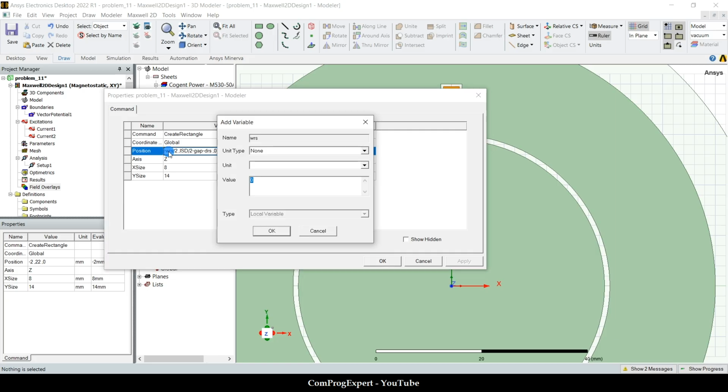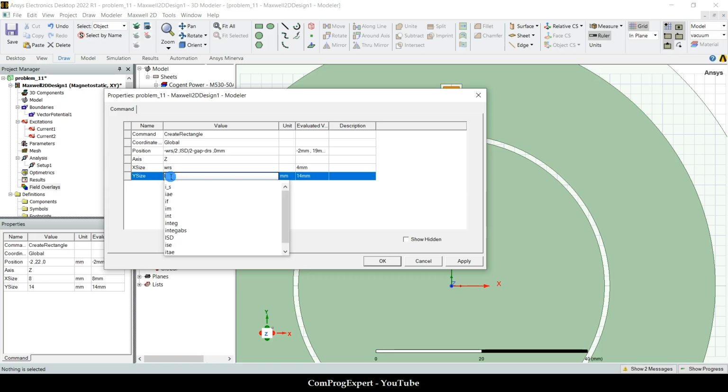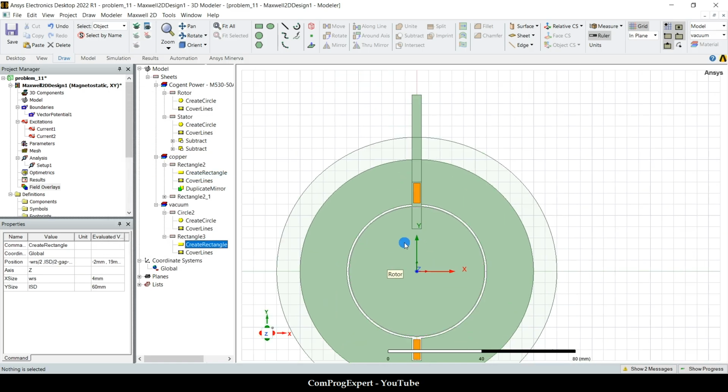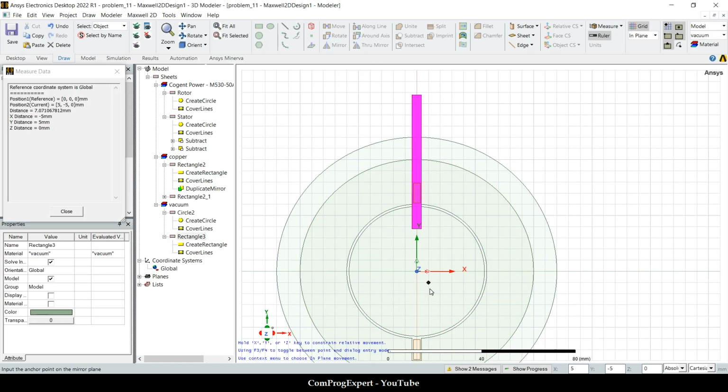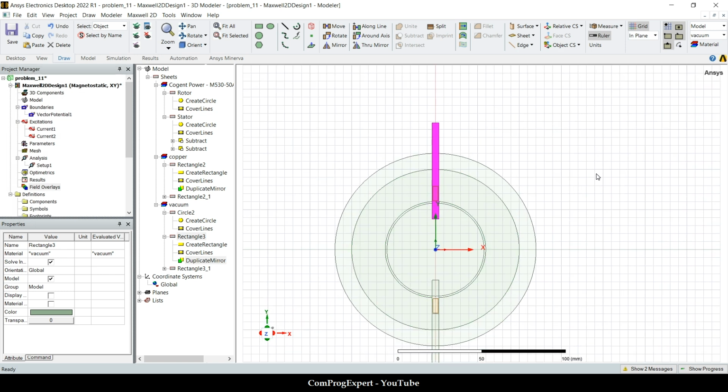This is again, let's consider 4 millimeters, and this equal to 10 millimeters. So this is the width of the rotor slot, and this is, let's consider, the ISD. Duplicate and mirror it with respect to the ZX plane.